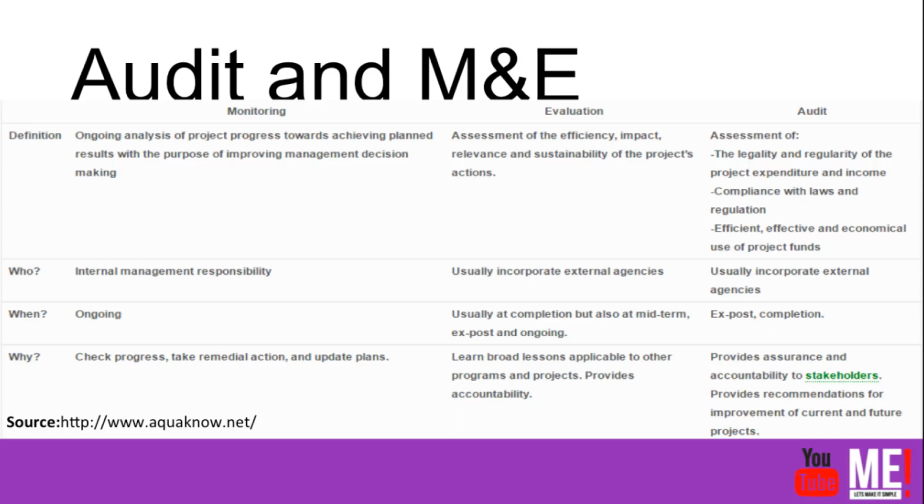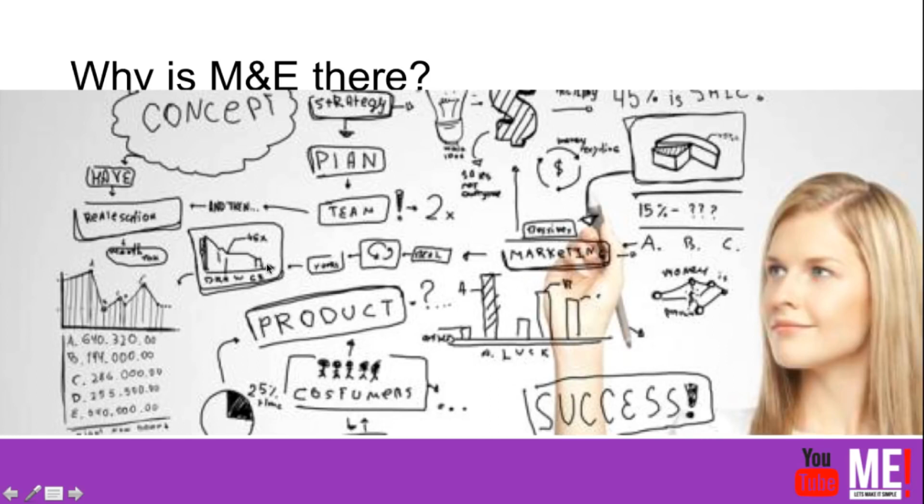With an audit, you're looking at compliance, legal issues, efficiency, effectiveness, similar to M&E, but really they're two different things. So I just wanted to get this out of the way. The source material is here. If you have time, you can go through this link.